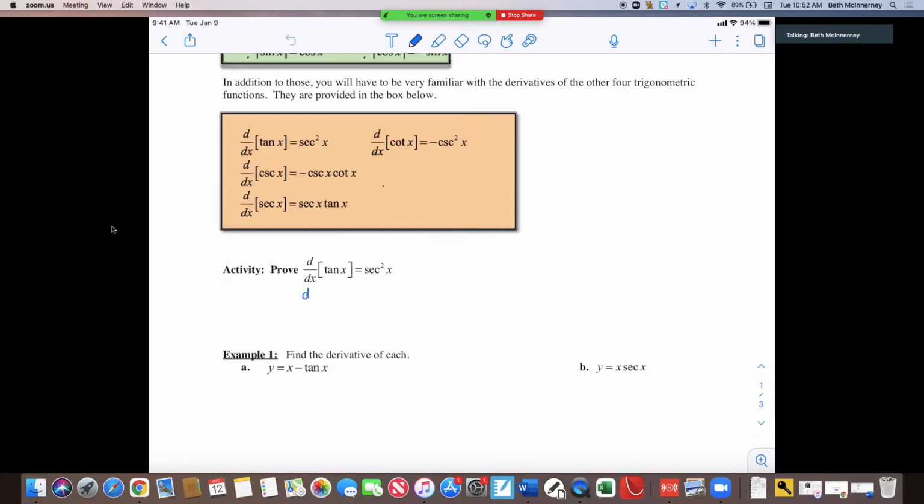So what I know is tangent is sine over cosine. Again, I know tangent is sine over cosine. Now I have the derivative of a quotient.